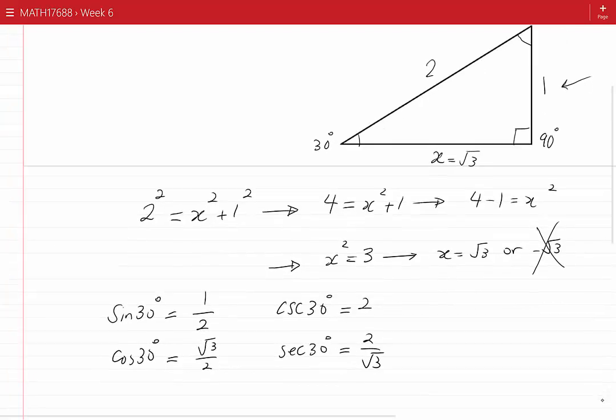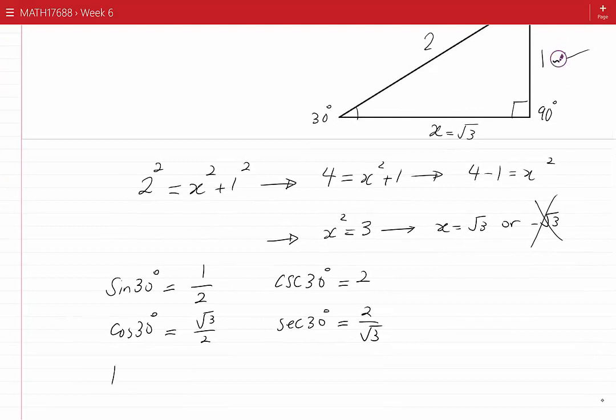Tangent of 30 degrees would be opposite of 30 degrees divided by adjacent of 30 degrees. Therefore, cotangent of 30 degrees is root 3 by 1.